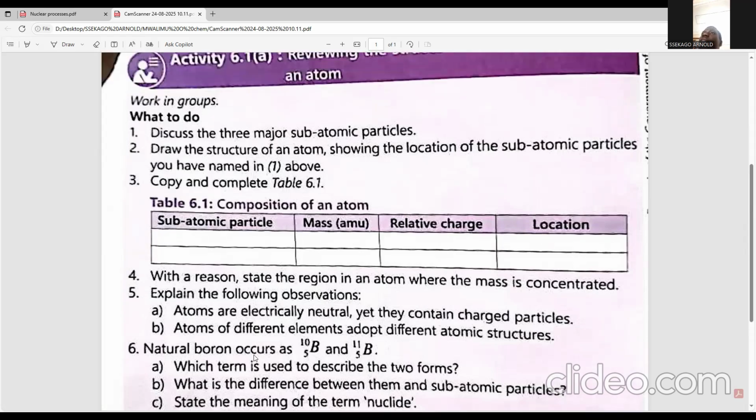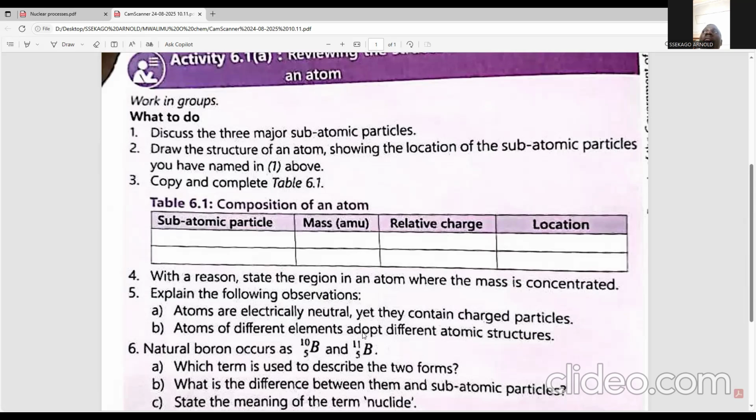Then for question 6, natural boron occurs. Boron is an element of the periodic table. So we can have boron of this form and also boron of this form. They are asking which term is used to describe these two forms of boron. Here we are seeing that boron can exist in 2 forms. This is also something that we covered in the concept of the periodic table.